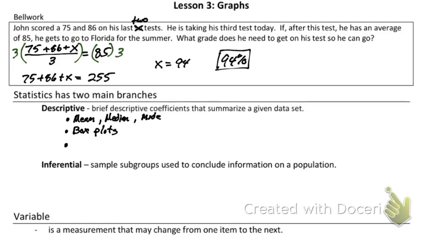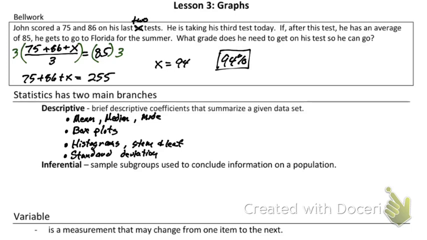Today we're going to talk about histograms. And we're also going to talk about a stem and leaf. Further down the line, we're going to talk about, let's just call it standard deviation.